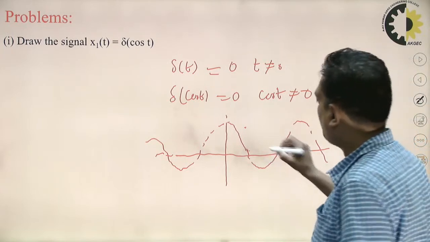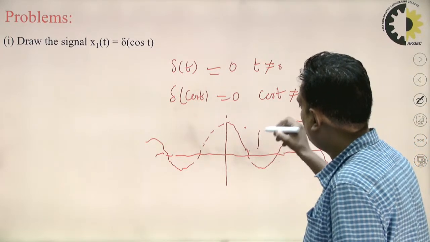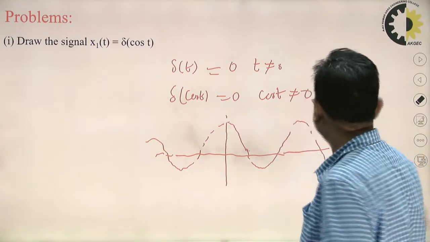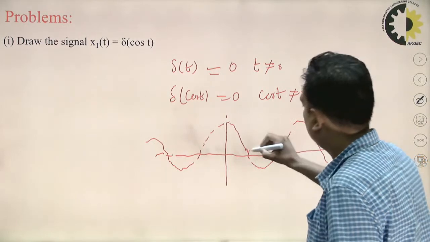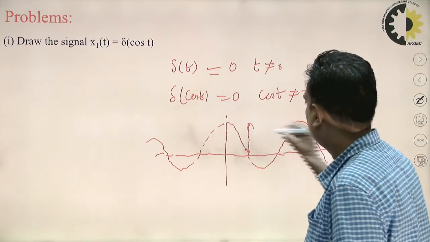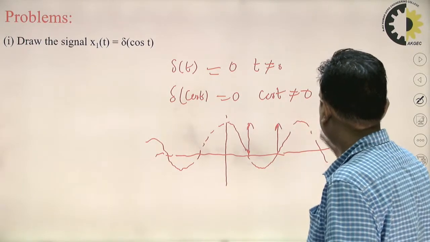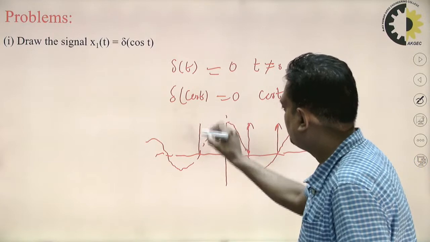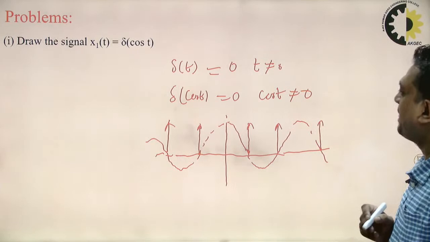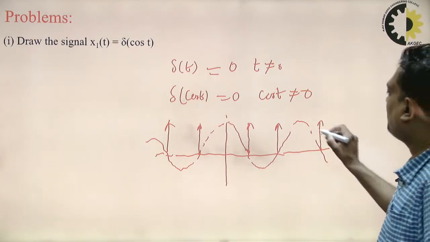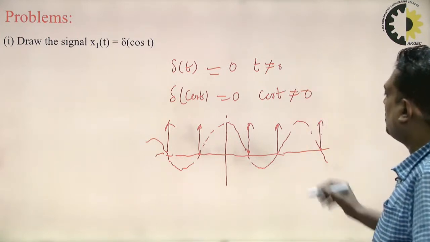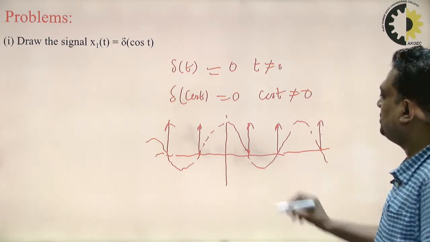So basically this is the signal. These are the final delta(cos t), because at these points the value of cos t is 0.